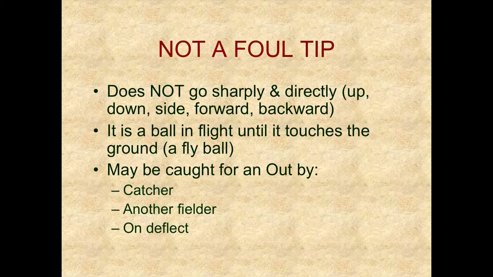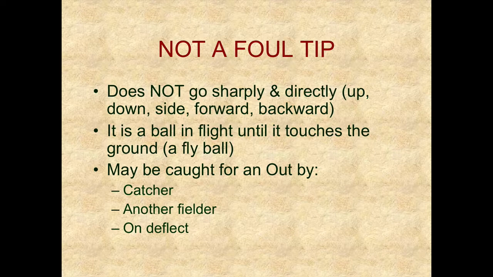So, if a ball does not go sharply and directly but goes slightly upward or downward or to the side, what is it? It's a ball in flight. And if that ball in flight is caught by any fielder, it would be an out. Even if a catcher deflects it. Say she dives for a ball that goes off to the side, she deflects it, and the third baseman charging in catches the ball.